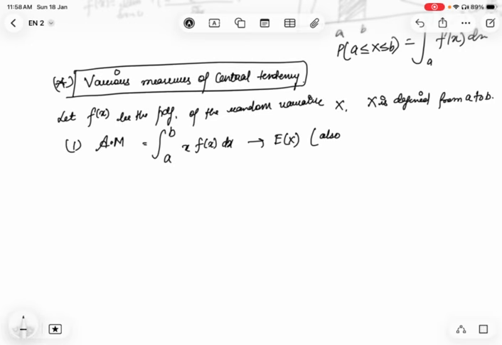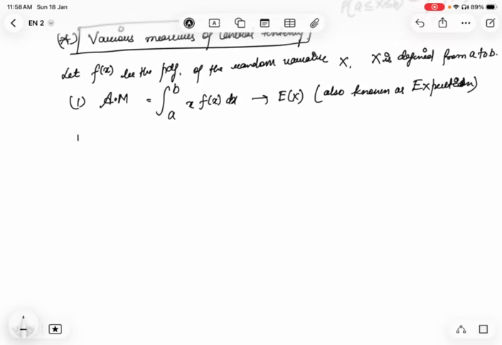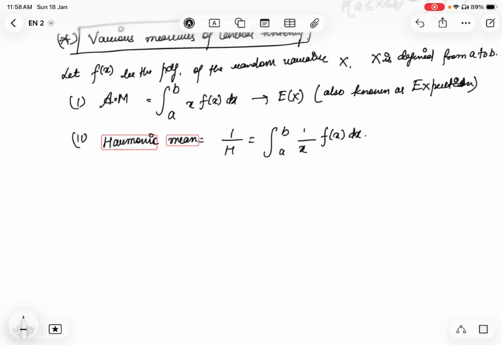We will see more about expectations in the upcoming lectures. Then the second is the harmonic mean, which is 1 upon the integral from a to b of (1/x) f(x) dx.